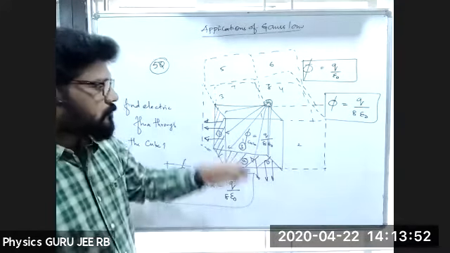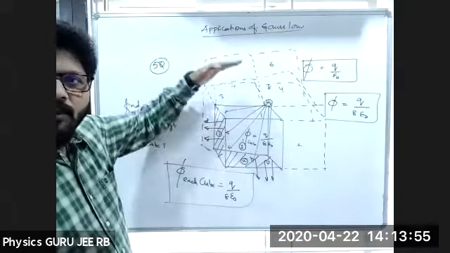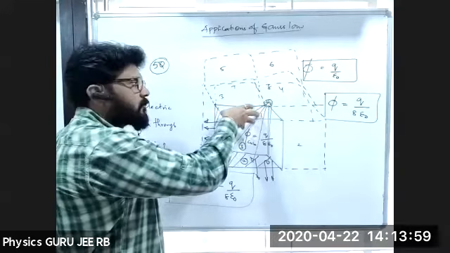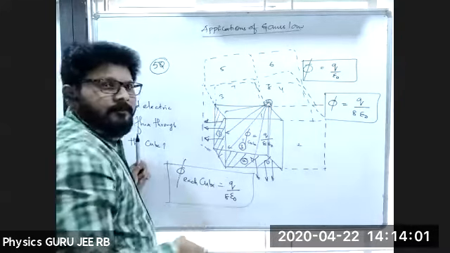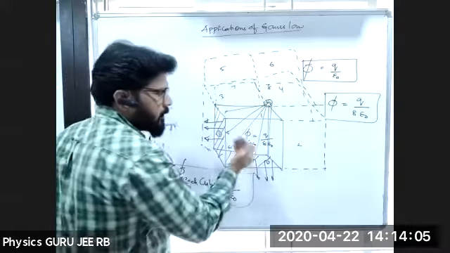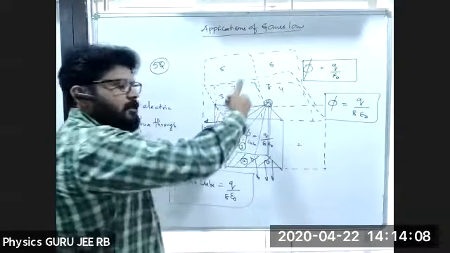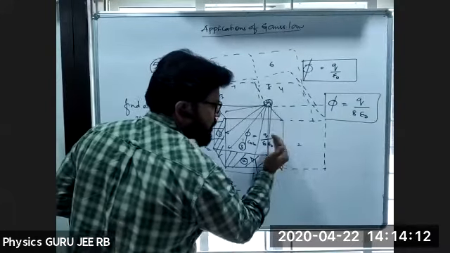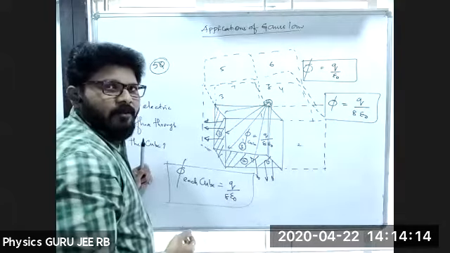The upper one is closed by the upper cube. That means the up surface is closed with the 5th block, the back surface is closed with the 3rd block, and the side surface is closed with the 2nd block.